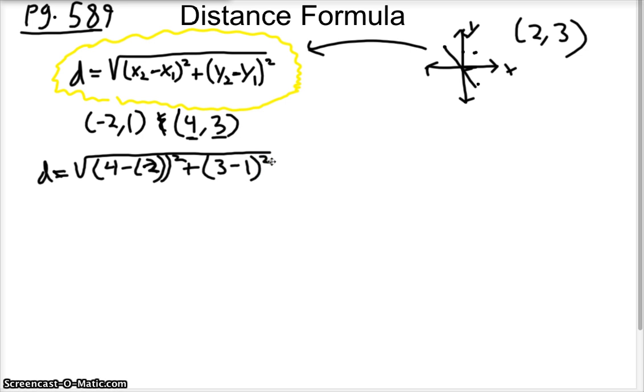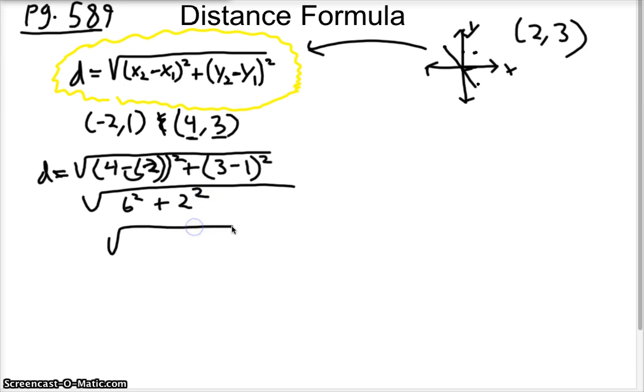First thing to deal with is we have 2 negatives there. There's our smiley face, so it means positive. We're adding, so 4 plus 2 is 6 squared, plus 3 minus 1 is 2 squared.